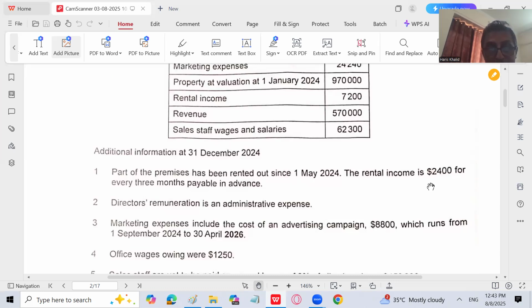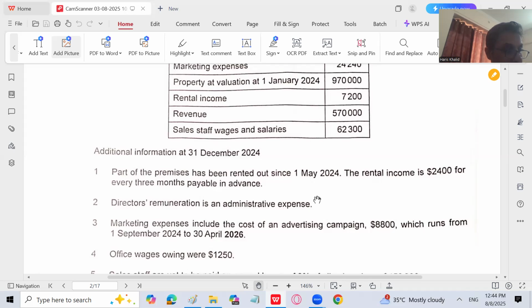So let's calculate. If the rental income is 2,400 for every 3 months payable in advance, it means that we are getting the income in advance for May, June, July, which is obviously a part of the income. Let me calculate it. 2,400 for May, June, July, plus 2,400 for August, September, October.